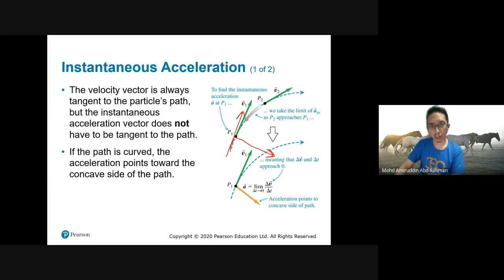That's how the instantaneous acceleration is defined for 2D motion.